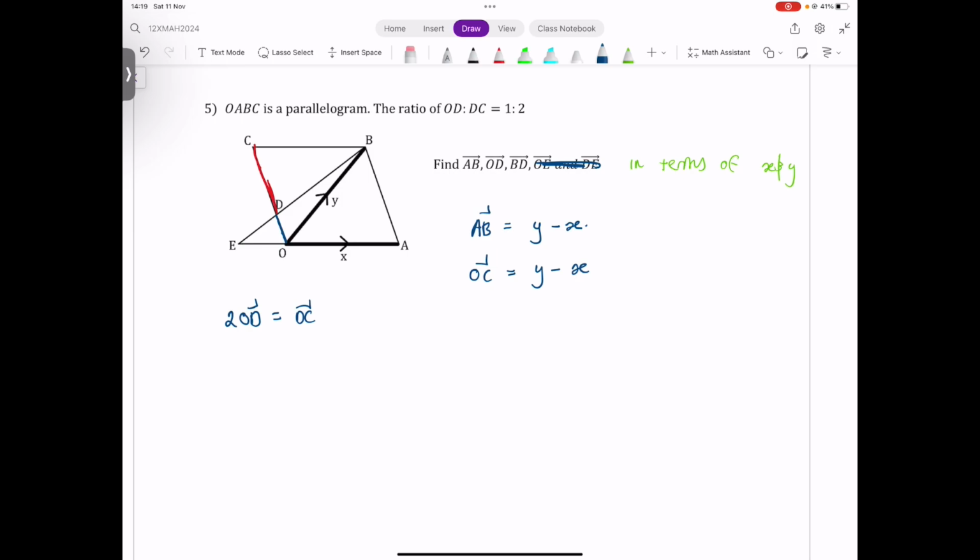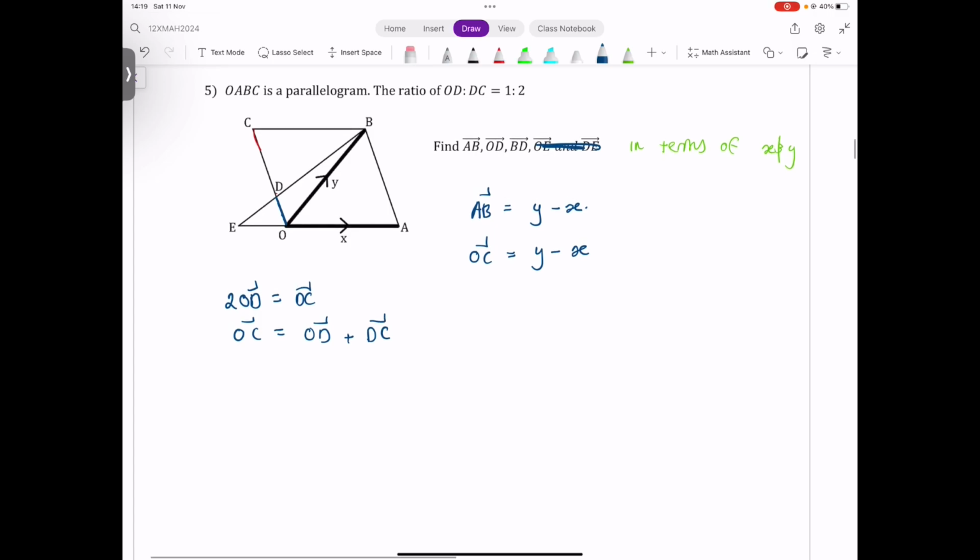Now, we also know from the diagram that the vector OC is equal to OD plus DC. So OC is equal to OD plus DC. But we already know that DC is equal to 2OD.